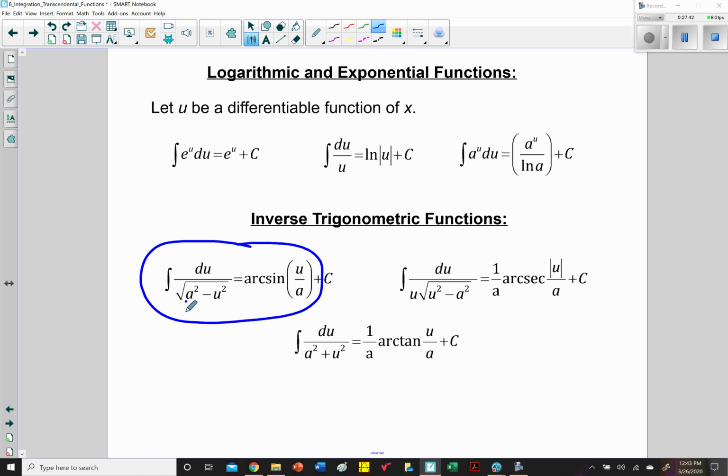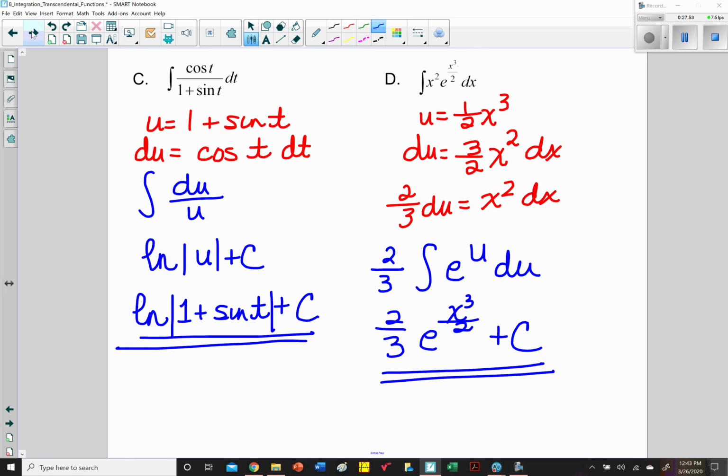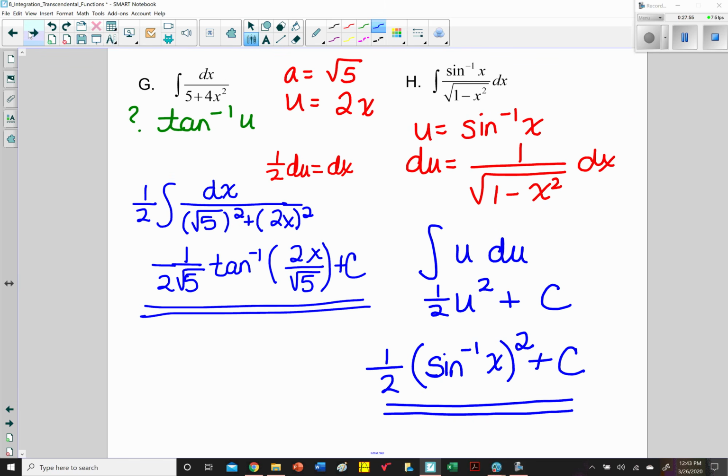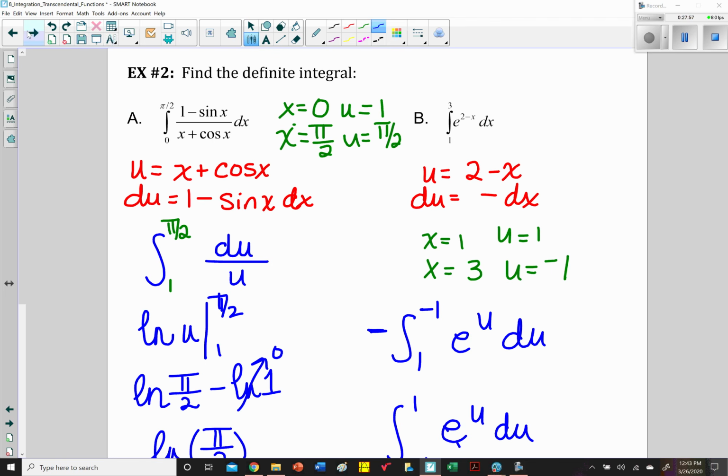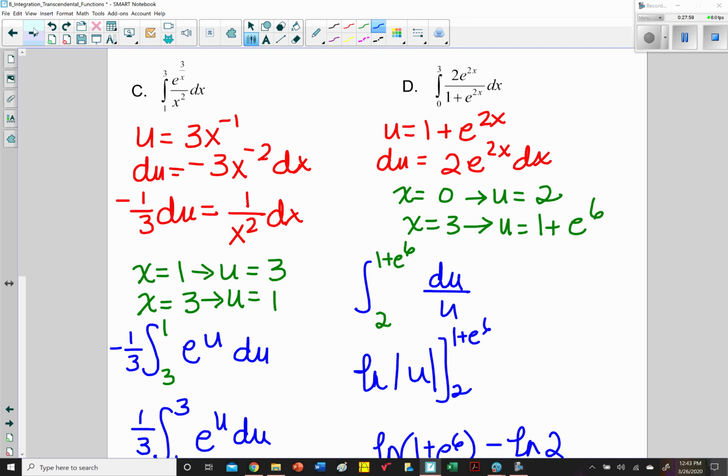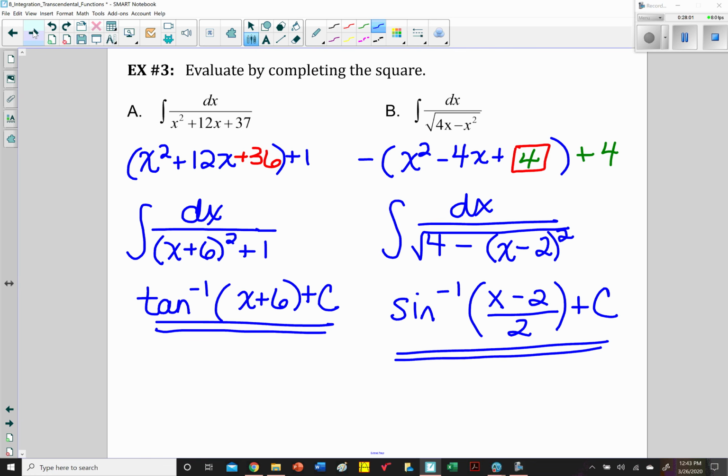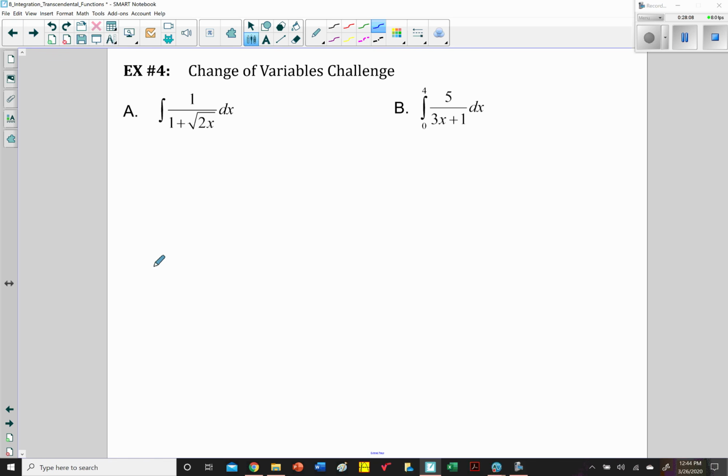We had a 4 here, so a is 2, and we had an x minus 2 here to give us the u over the a. Those are tricky. Then a couple of challenging ones.